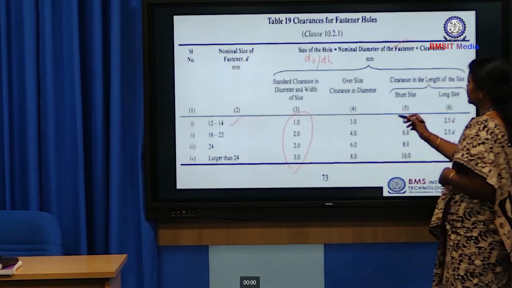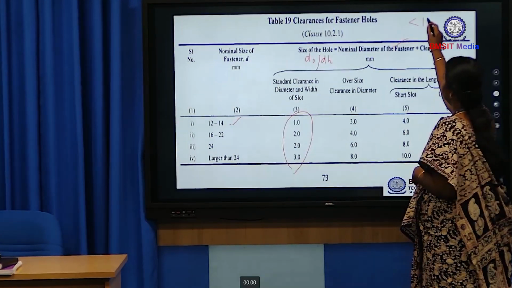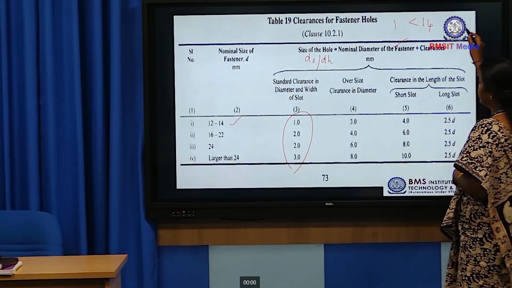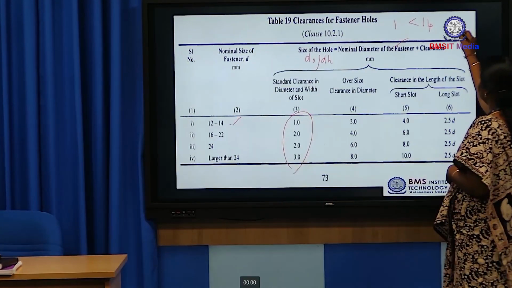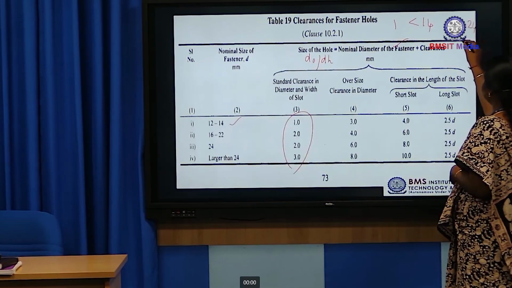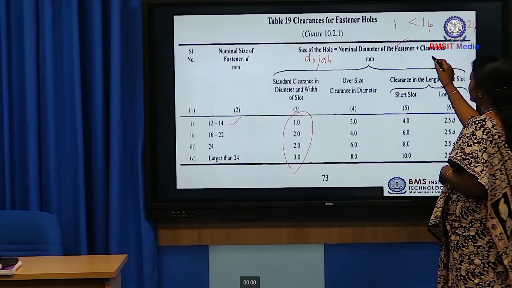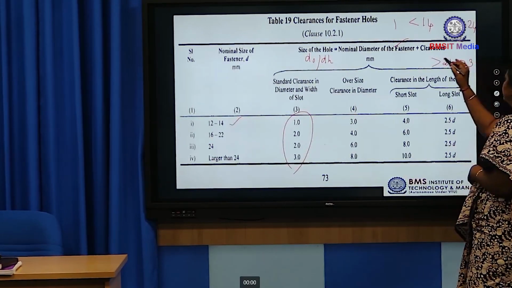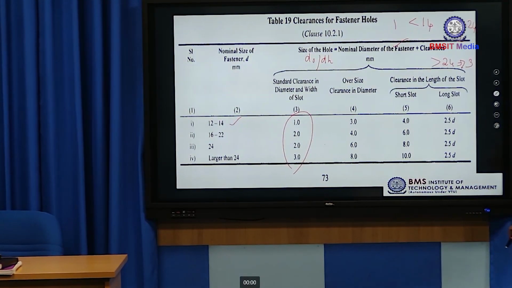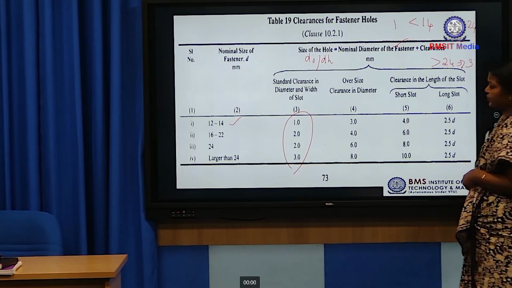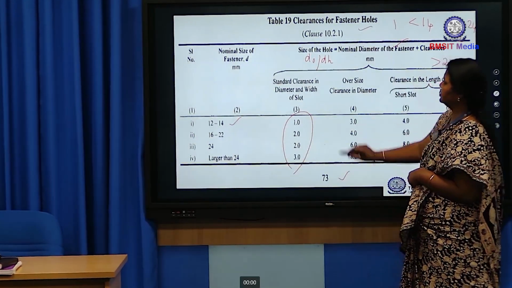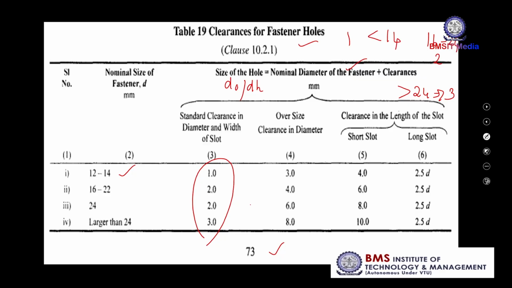So, less than 14 means 1 mm clearance, 16 to 24 means 2 mm clearance, and greater than 24 means 3 mm clearance. This table is available on page number 73, table number 19 in IS 800-2007.